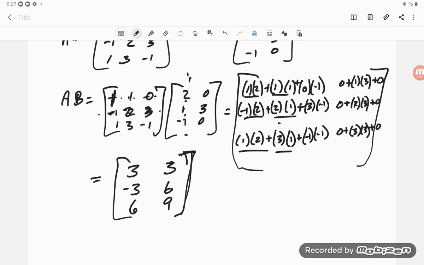And now you can do it as a summation, but right now I'm not going to worry about the summation notation. Let's just worry about being able to do the matrix multiplication. So there's just the technique of matrix multiplication. Practice it a lot.